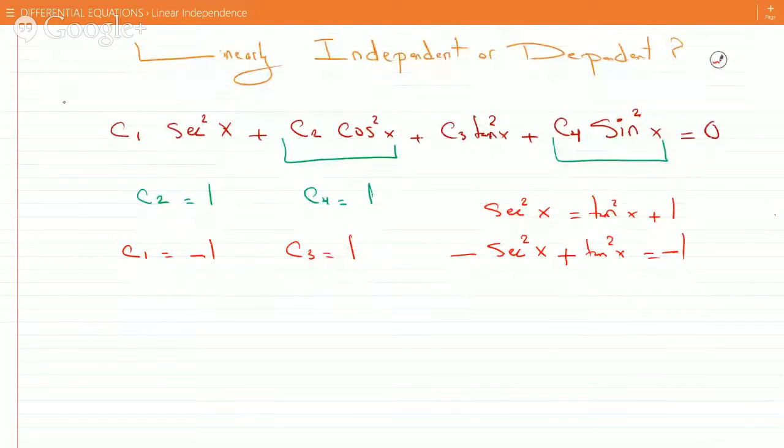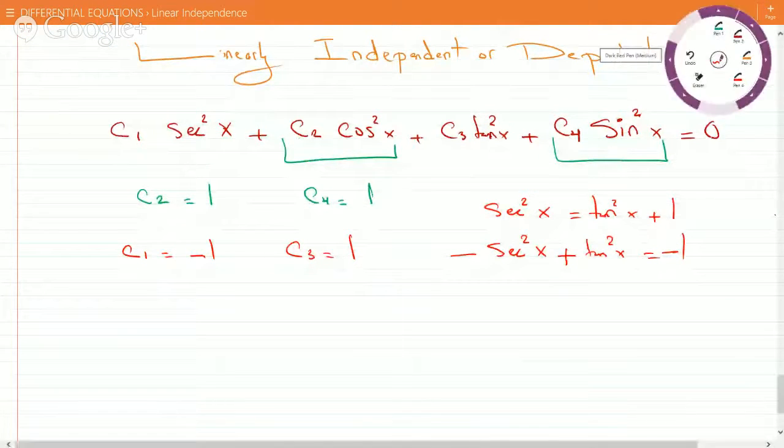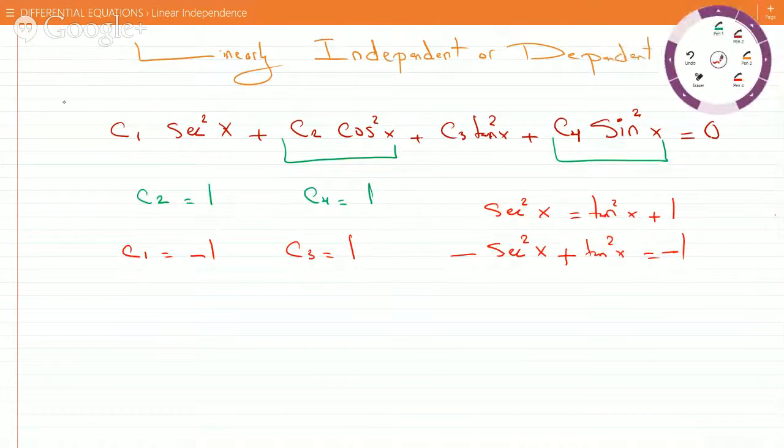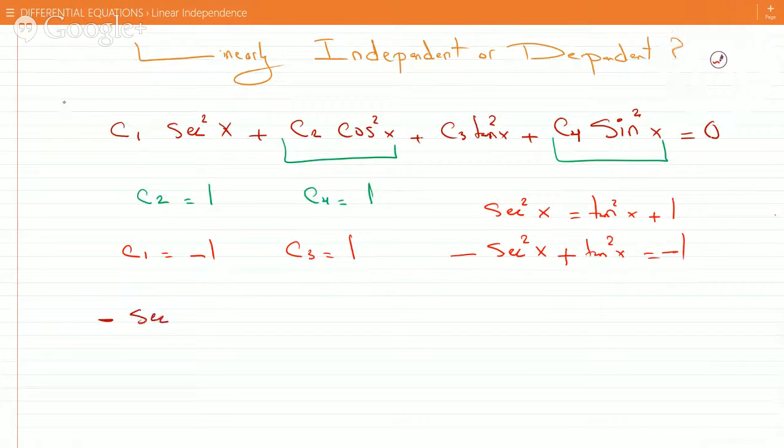If I rewrite this, I will get C1, which is minus secant squared x, and C3 is just 1, plus tan squared x. And then C2 is 1 plus cosine squared x, and C4 is 1, so plus sine squared x.